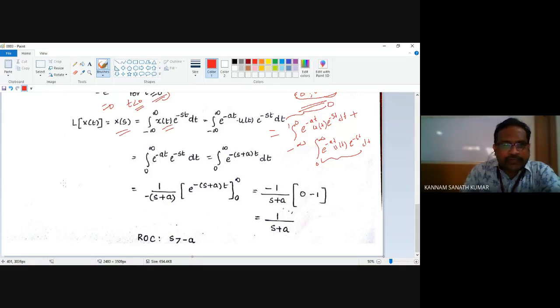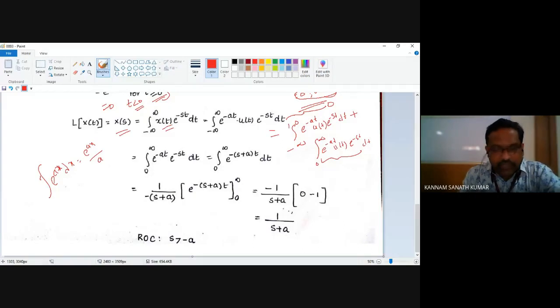So what is the integration of e^(ax)? The integral of e^(ax) dx equals e^(ax)/a. For signals and systems, you need to be thorough about integration as well as definite integrals, which you already covered in the intermediate.